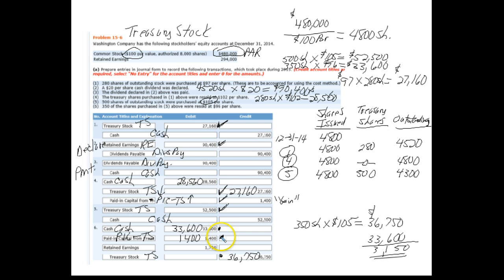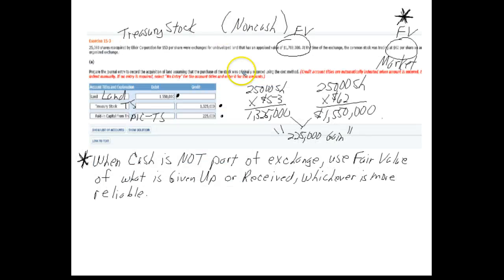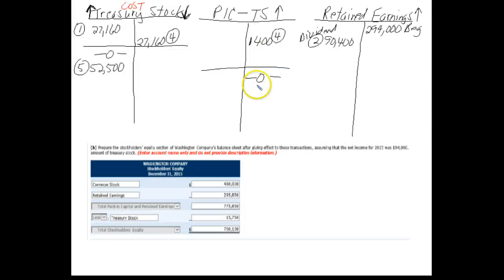So we just take the portion of the loss to the paid-in capital treasury stock to the extent there is a balance. So in transaction 6, we've taken as much of the loss as we can to the paid-in capital. And then the difference is just going to go to retained earnings.